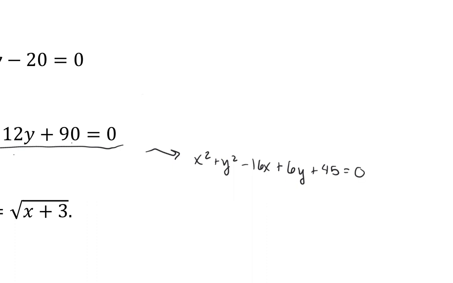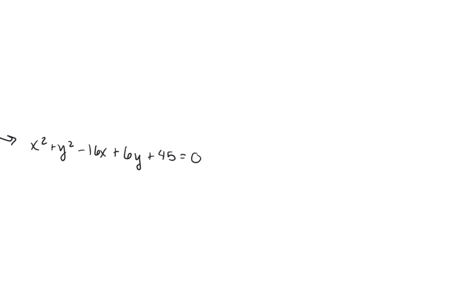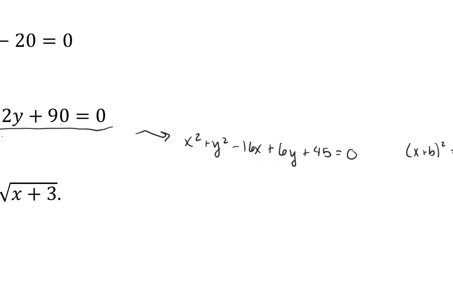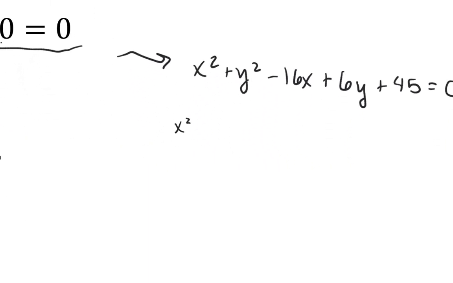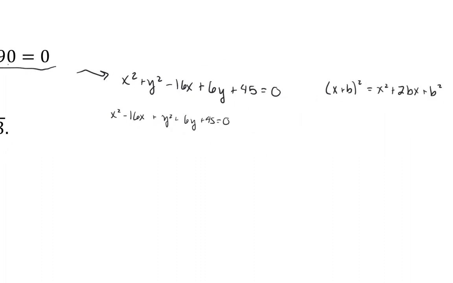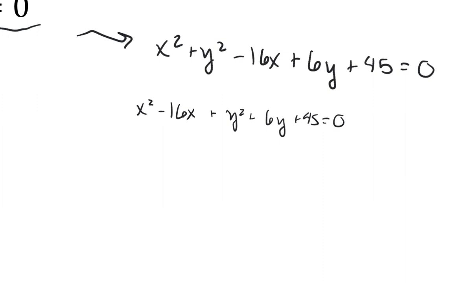Now, just like in the previous question, what we want to do is complete the square, so I'm going to write out that form again: a squared plus 2bx plus b squared. So now, rearranging, x squared minus 16x plus y squared plus 6y plus 45, that's all equal to 0. For this first part, x squared minus 16x, this is taking the place of 2bx, which means that b is going to be negative 8.